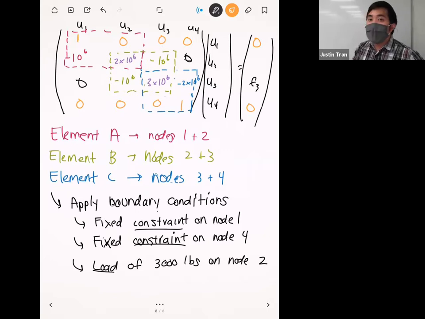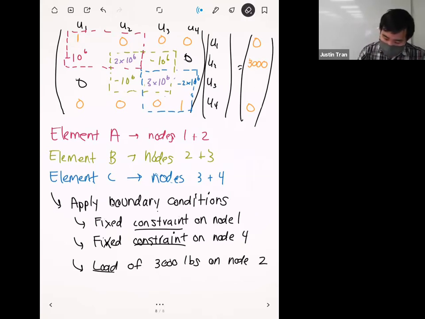Next, we have our load type boundary condition, which is applied on node 2, and then we're going to apply our 3,000 pound load right there. And so we're just going to drop that right in. And then the last thing, since we don't have any boundary condition on node 3, so we don't have any load or constraint, then we just replace F3 with 0.